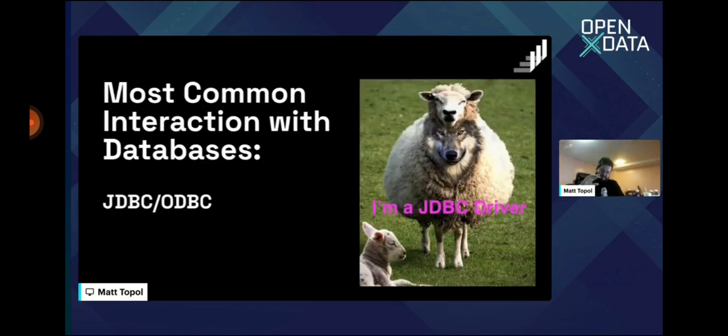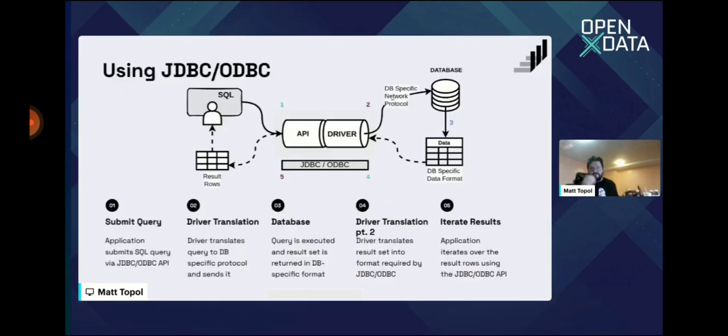So, now that we've sped through what Apache Arrow is, let's actually talk about what I'm here to talk about. The most common way people interact with databases nowadays is still, unfortunately, JDBC and ODBC. In your typical case, you have your application. You send your SQL query to the ODBC or JDBC API.